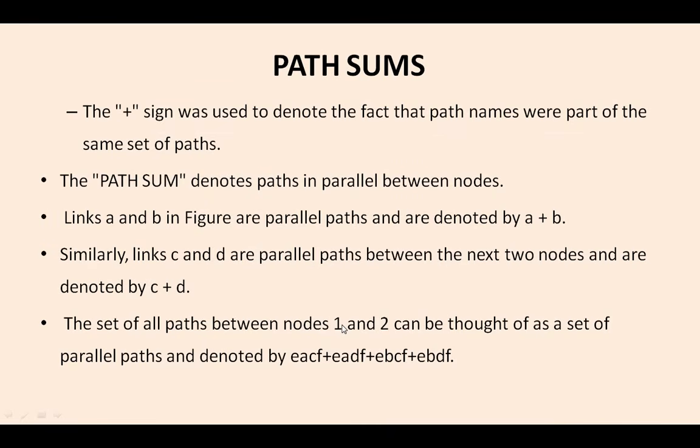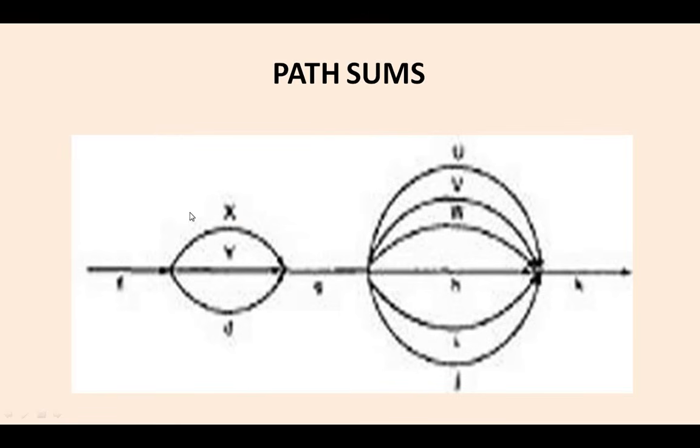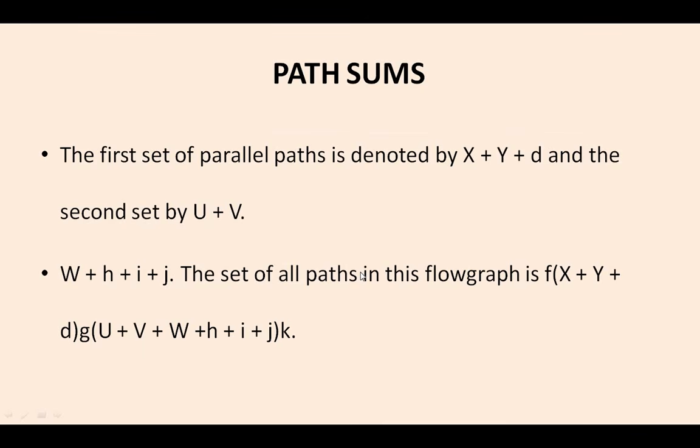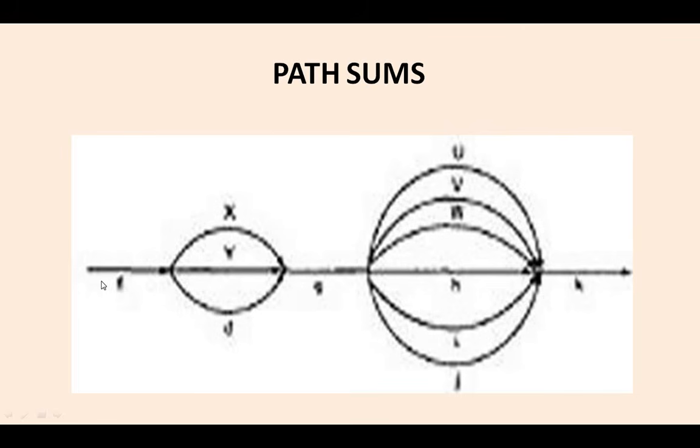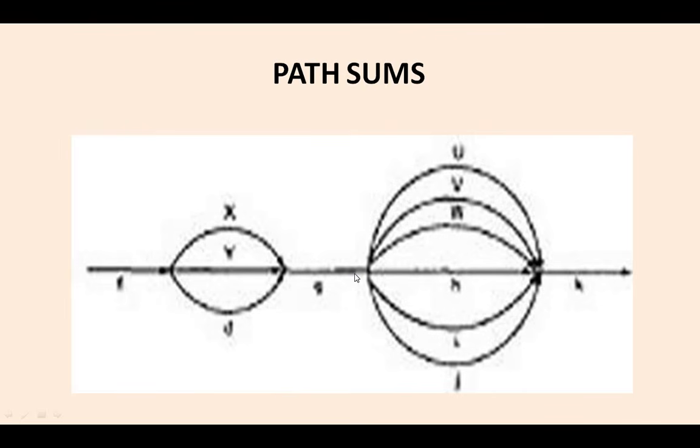Let us see this expression now. We have the first set of parallel paths x plus y plus d and the second one u plus v plus w plus h plus i plus j.